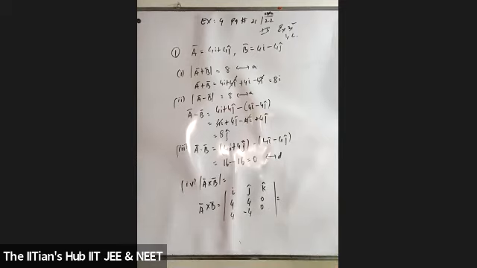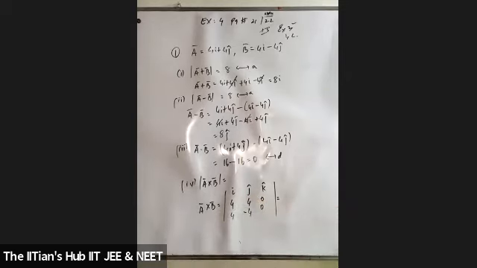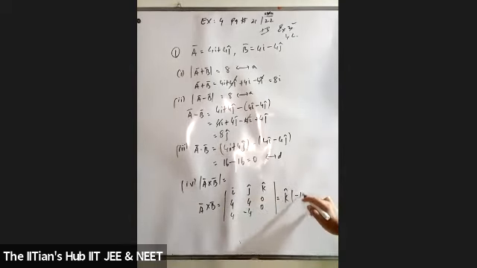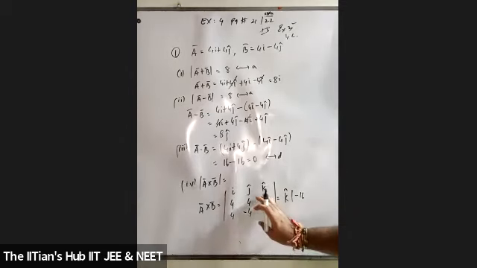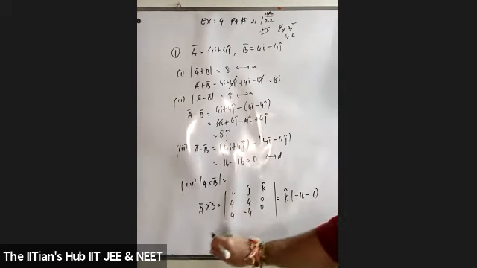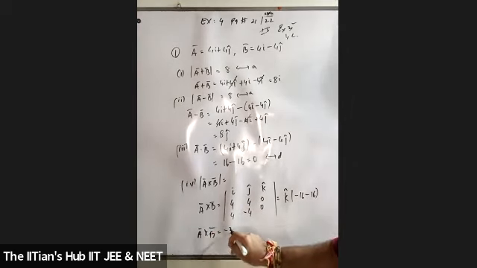What's the formula? i into the bracket, 0 will come, right? So i terms will not come. j terms will also not come. So only k will remain. What will be the k term? 4 times minus 4 is minus 16, and minus 16 again. So what's your answer? What is A cross B? Minus 32 k cap.